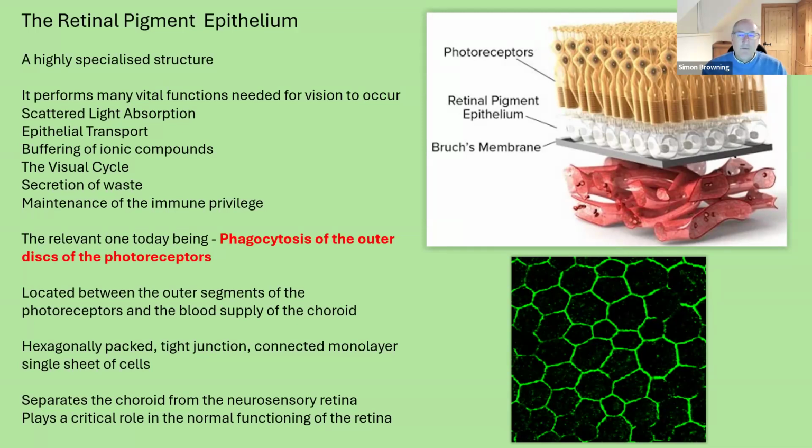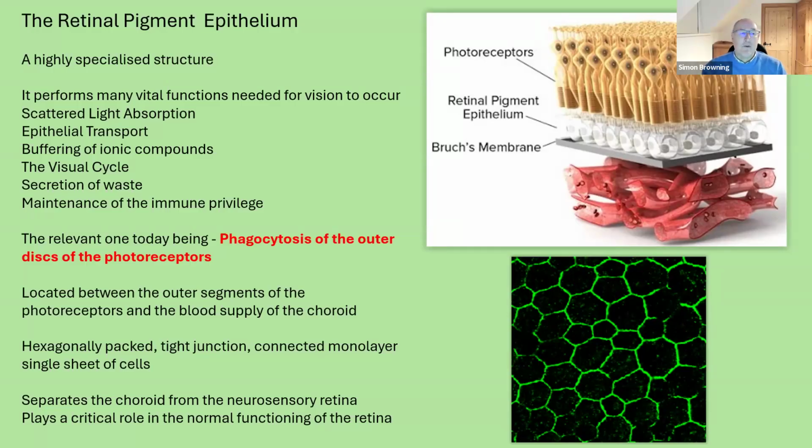And it contributes to the workings of the visual cycle. And remember, the visual cycle is basically what produces the electrical impulse by converting rhodopsin, iodopsin, and creating the electrical impulse that travels up each nerve into the visual cortex, and we see. So without the visual cycle, nothing happens. But without the retinal pigment epithelium, the visual cycle doesn't happen.